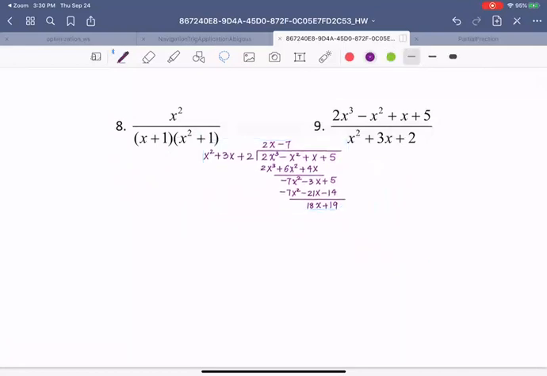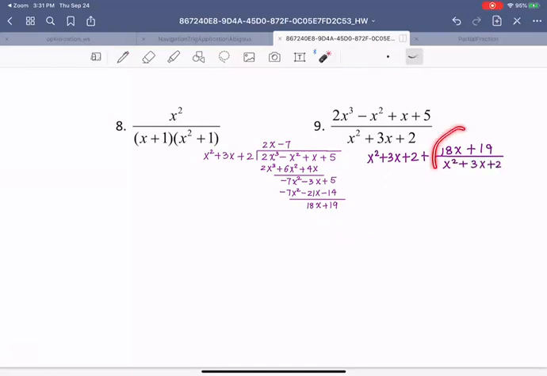So this guy equals x squared plus 3x plus 2, plus 18x plus 19, and then over x squared plus 3x plus 2.